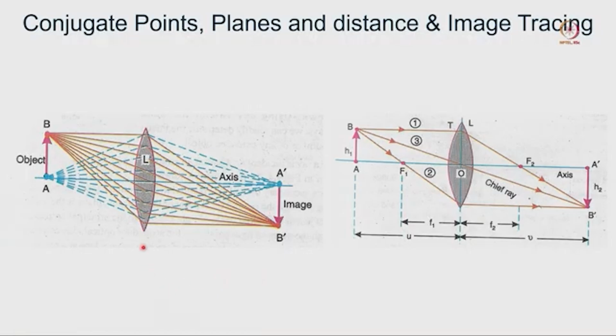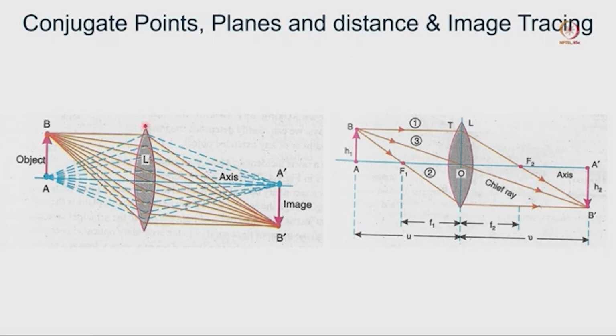So if we come here, there is a glass lens. In this glass lens you can see this is the optical axis, and rays are coming from all directions.